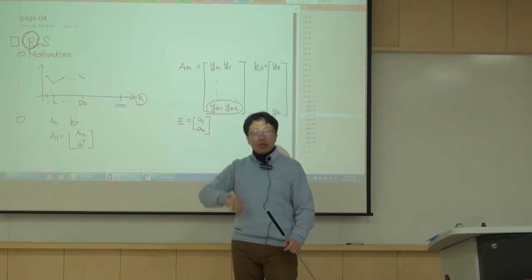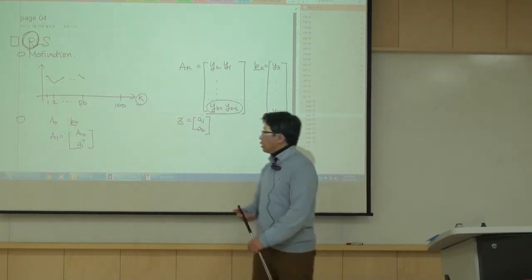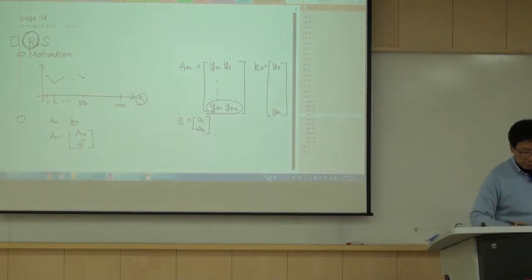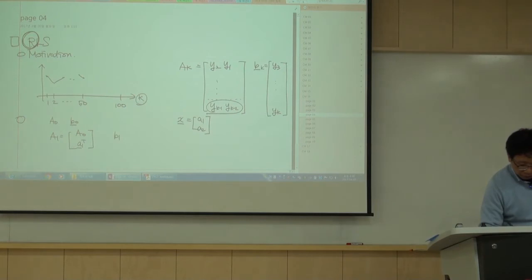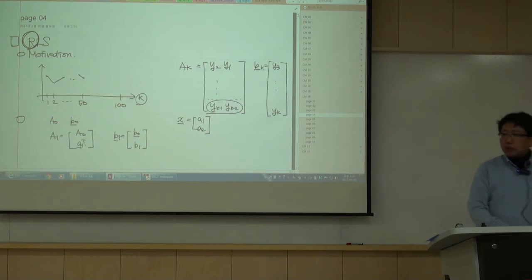The convention in this textbook is that every vector is a column vector. Similarly, B1 can be written as the B0 vector, and since we used one more observation here, b1 is now a scalar.